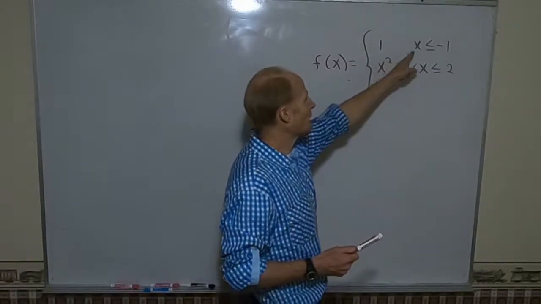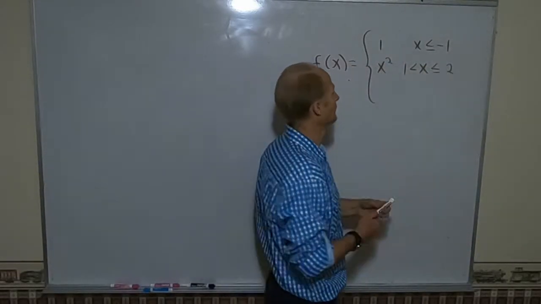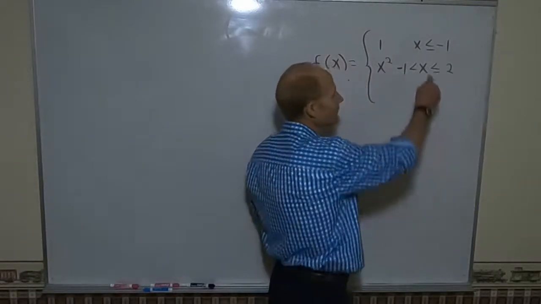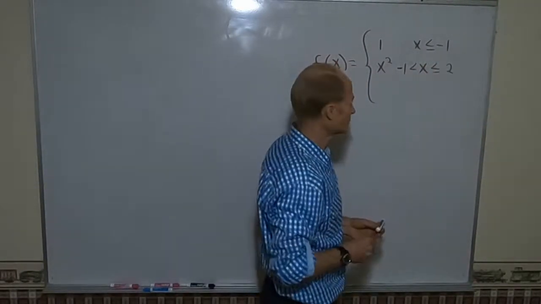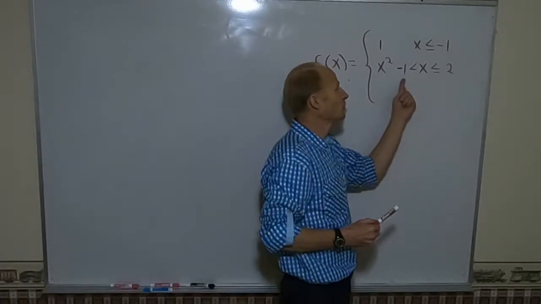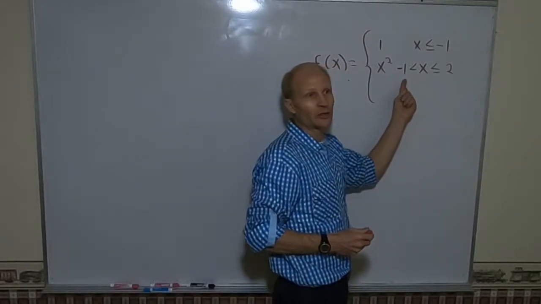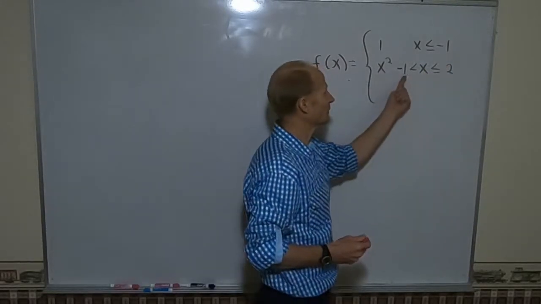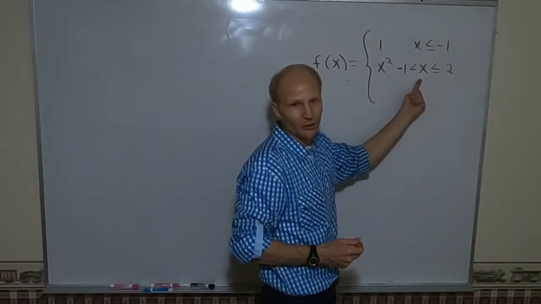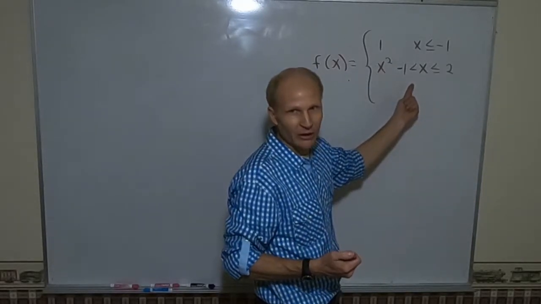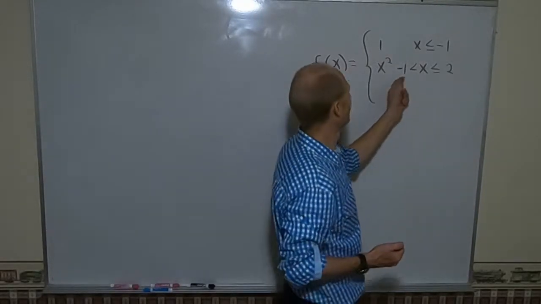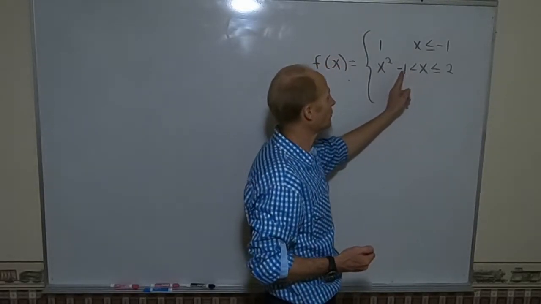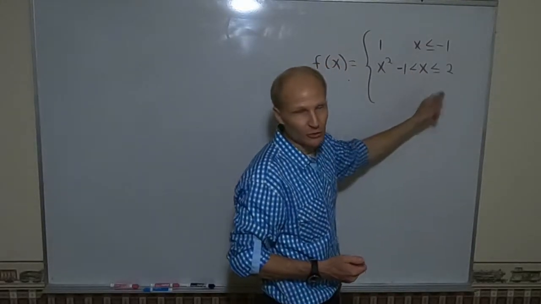This domain will not include negative 1 because negative 1 lives here. This domain goes all the way back to negative 1, but not actually including negative 1. And again, this domain includes just x equals negative 1 to positive 2.